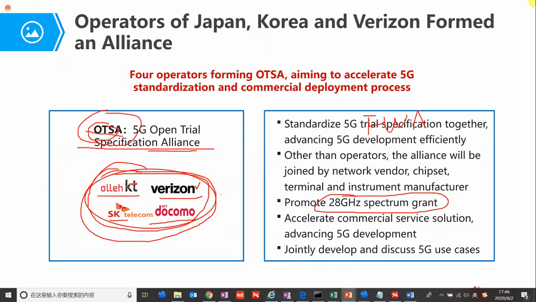Even in Japan and Korea, it is not deployed yet. Maybe at the early stage they used this standard, but now all the operators go by the 3GPP standardization. Okay, thank you.